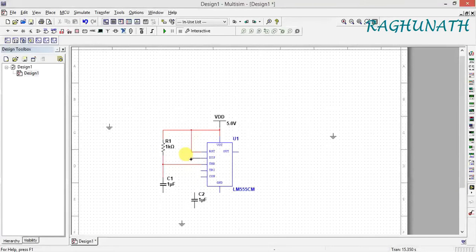Pin number 6 and 7 shorted. The trigger is given with a pulse. So I will take a pulse output here. The pulse input I have to give here. Double click and end here. Otherwise you can put a pulse input here. Next this capacitor. These two capacitors are shorted to ground.